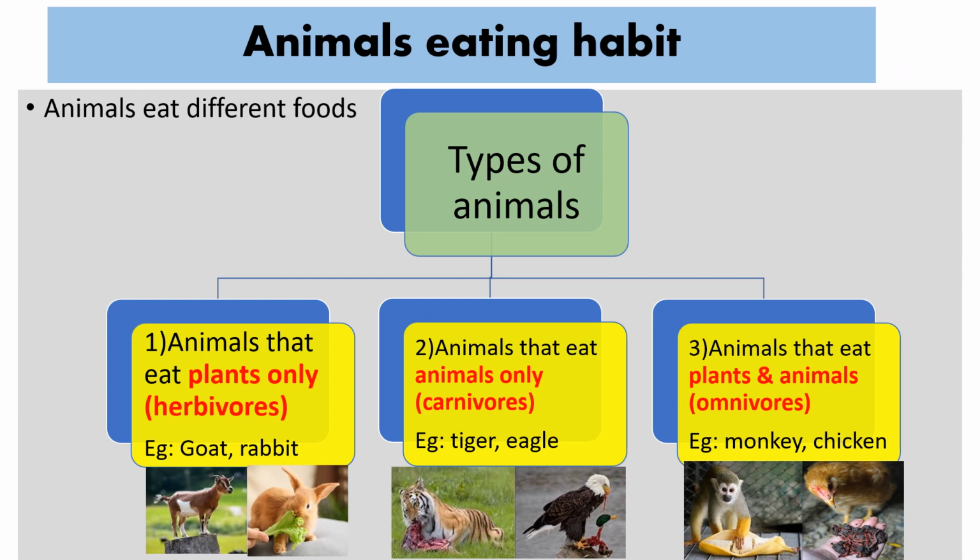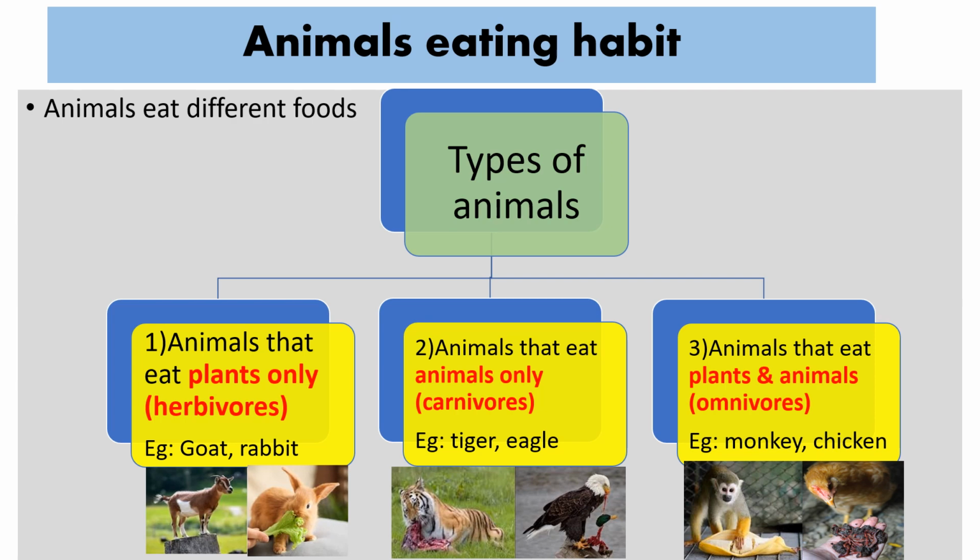So it is very important for you to understand that animals' eating habits can be divided into three. First is animals that eat plants only, which we call herbivore.